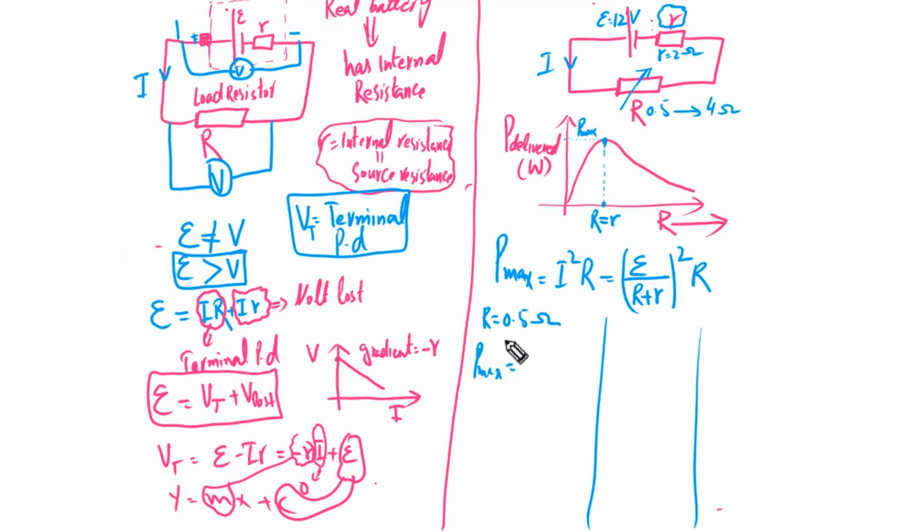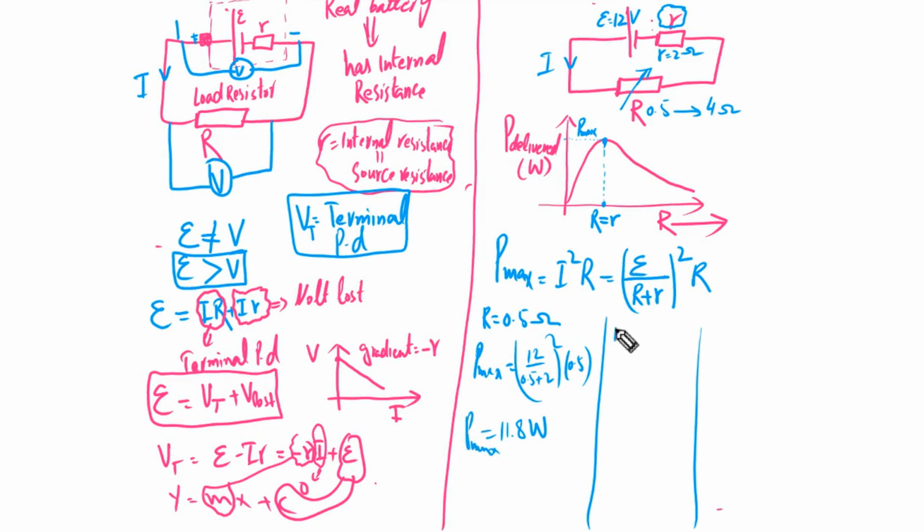So you can just plug in values. This is 12, and you have 0.5 plus 2. If you solve this and multiply by 0.5, you will get about 11.8 or 6, something around about this. You can check the exact number.